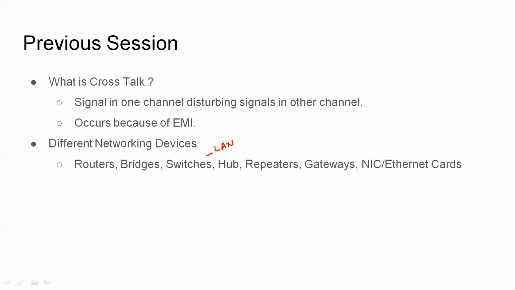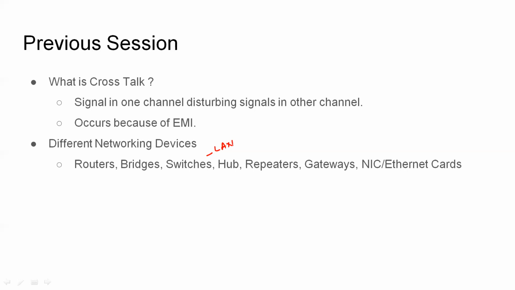Why? Because it supports unicast, multicast as well as broadcast. It also provides a little bit of security, and it has store and forward capacity and all those things. Compared to a hub, a switch is intelligent, as I said. A hub is less intelligent, that's what we call it.